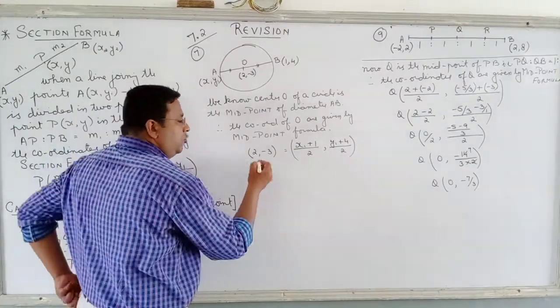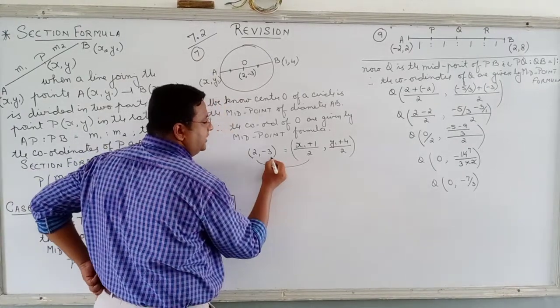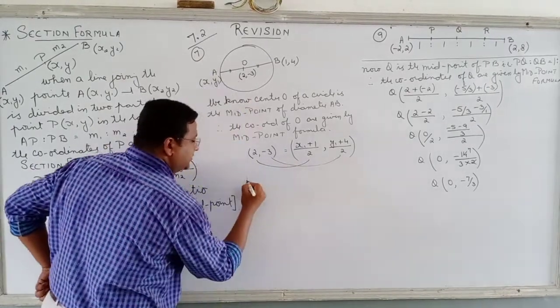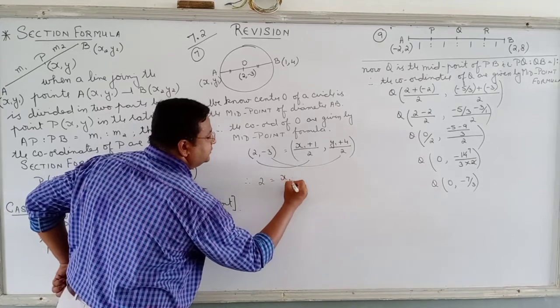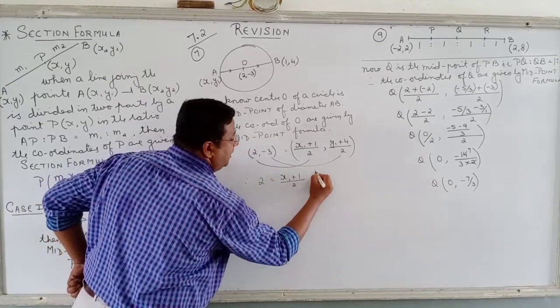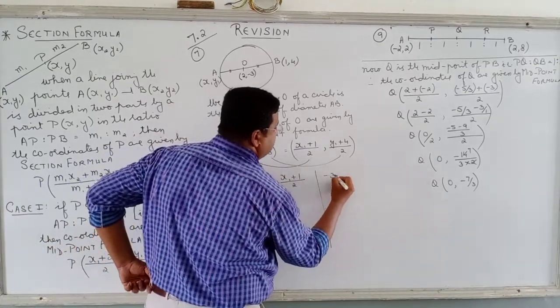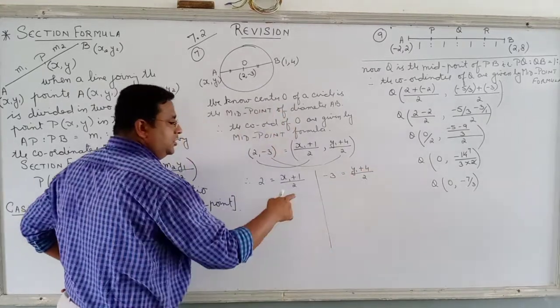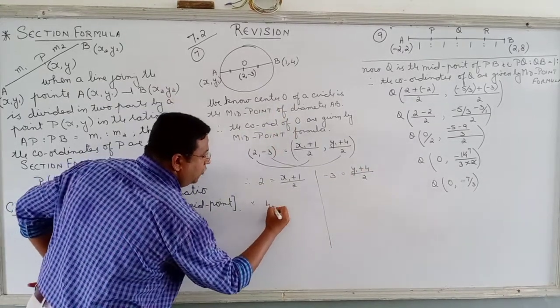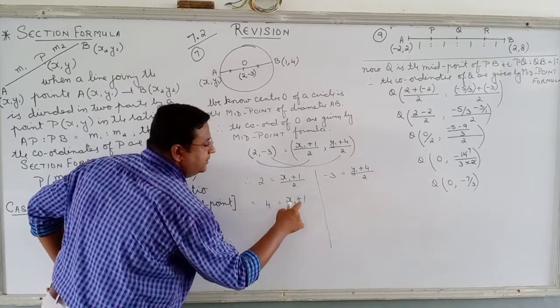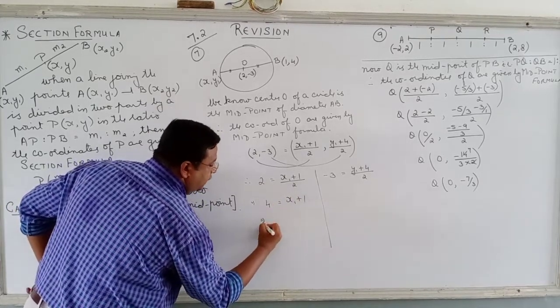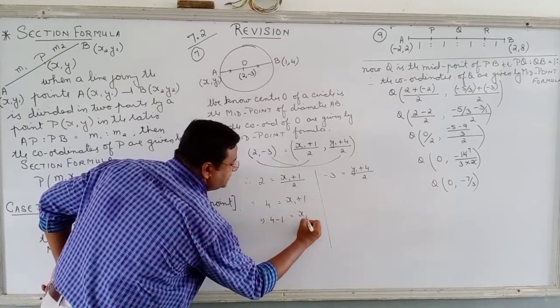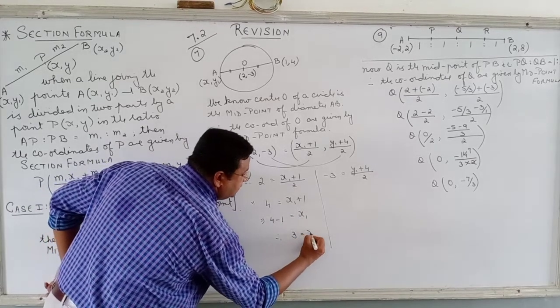Equate coefficient of x to coefficient of x and coefficient of y to coefficient of y. So therefore 2 is equal to (x1 plus 1) upon 2 and minus 3 is equal to (y1 plus 4) upon 2. 2 is cross multiplied, 2 2s are 4 is equal to x1 plus 1, plus 1 comes over here. So 4 minus 1 is equal to x1. So therefore 3 is equal to x1.